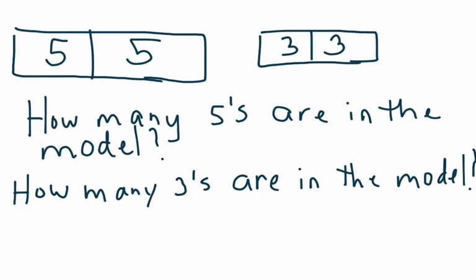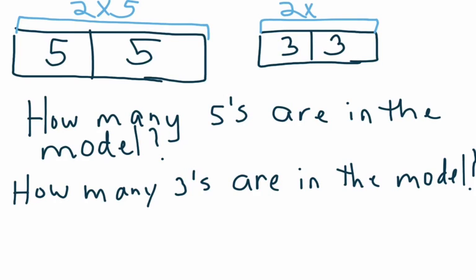Alright, so here you see the model. For those of you that were on the Zoom call, this is the same thing I had on the whiteboard, and the model has 2 5s and it also has 2 3s. So this model right here, you could rewrite it as 2 times 5, and this model could be written as 2 times 3.